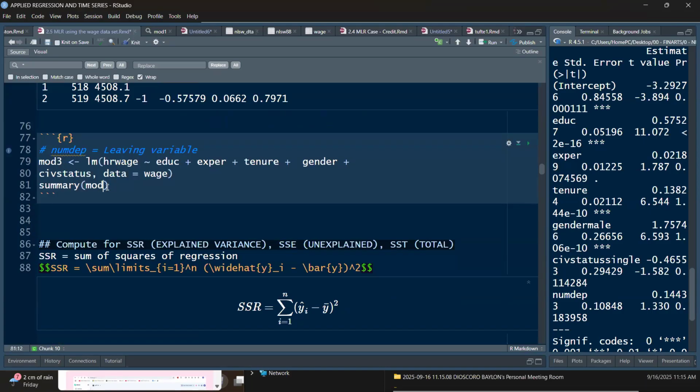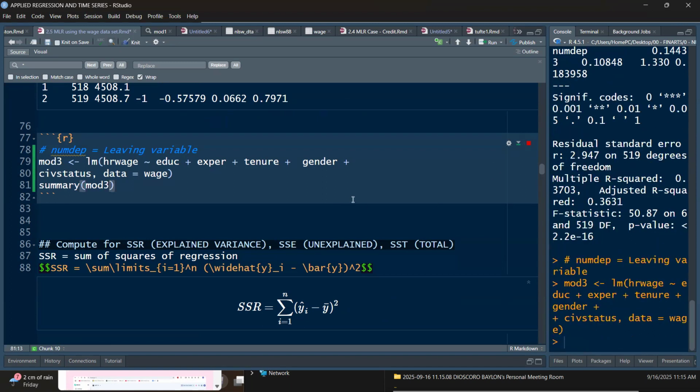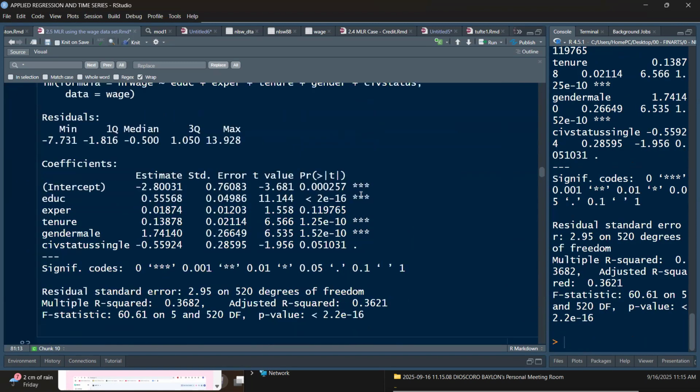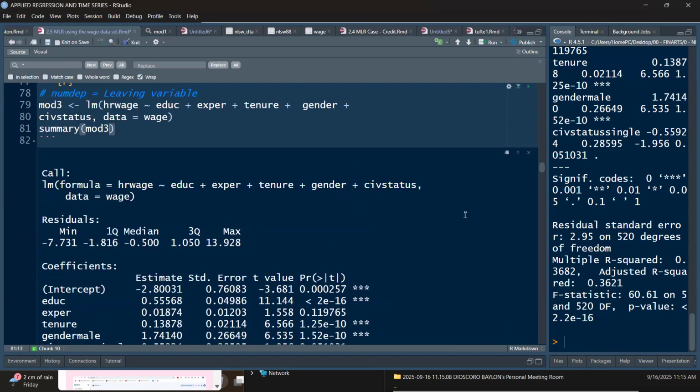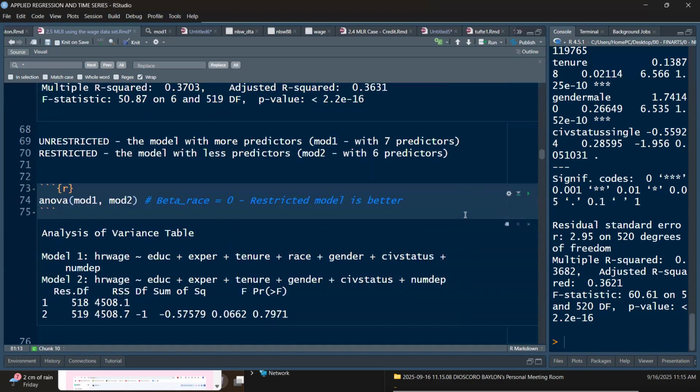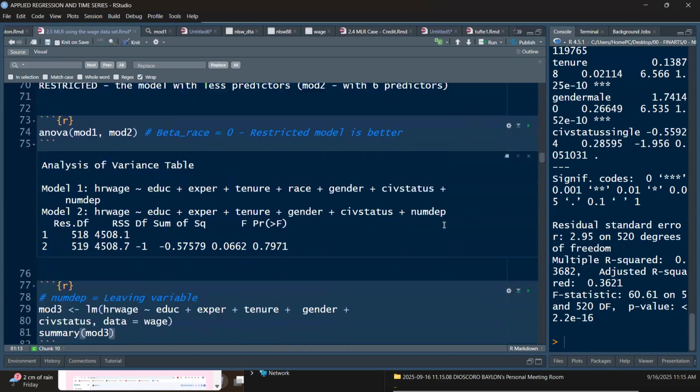Summary model number 3. Okay, when we run this, what do we get? Notice that your adjusted R squared went down, but your multiple R squared also went down. Of course, when we remove variables, the multiple R squared will go down. 36.21 versus here it's 36.31.